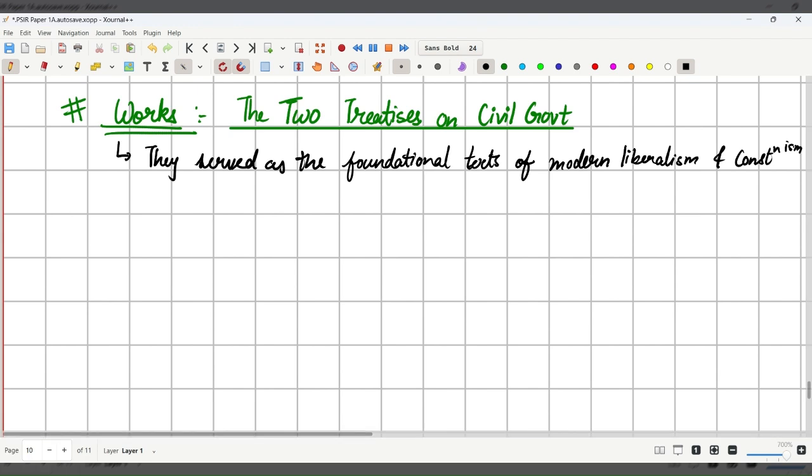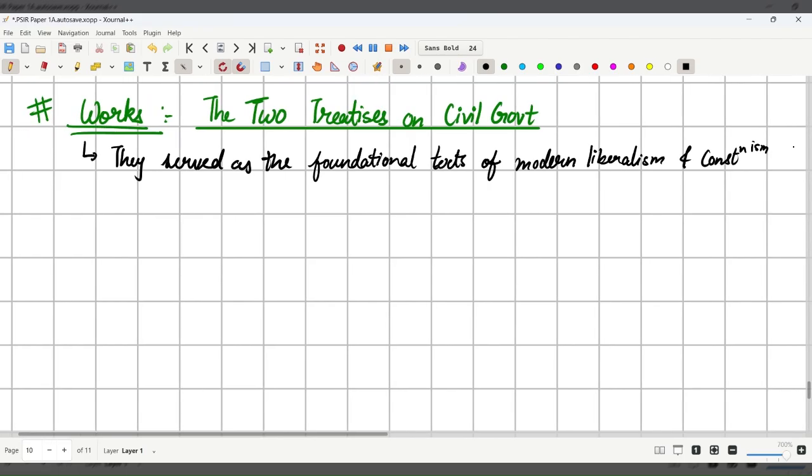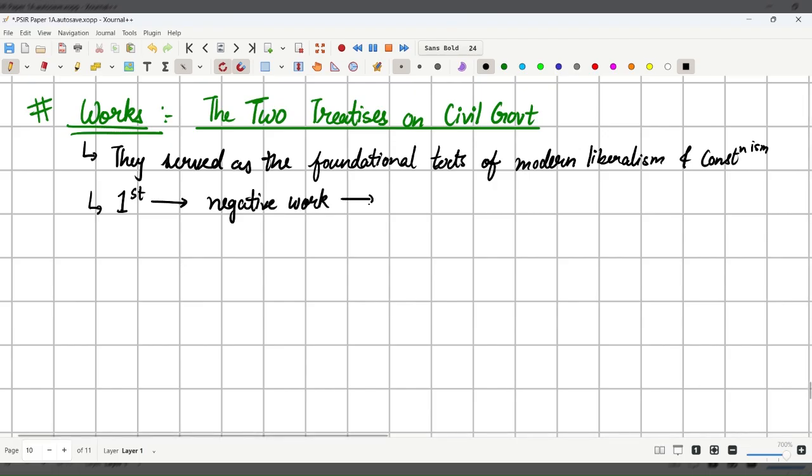The first treatise is a negative work. Why do we call it a negative work?